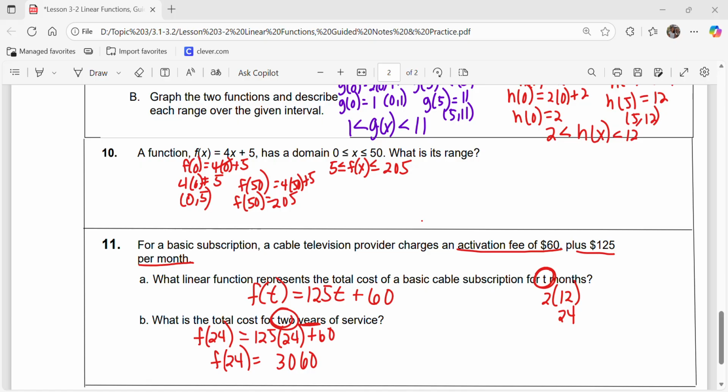So 0.06 times 4, 0.24, plus 1 is 1.24. So after 4 years, Tanya is going to have 1.24 times 350, $434 in her account. So after the 4 years, Benson would have more money in his account. And that is 3-2.